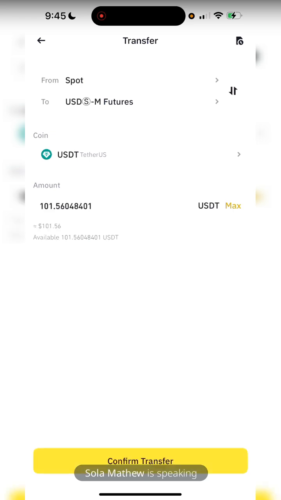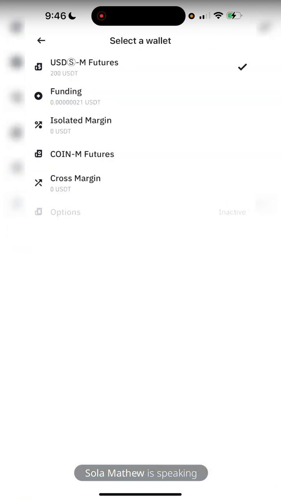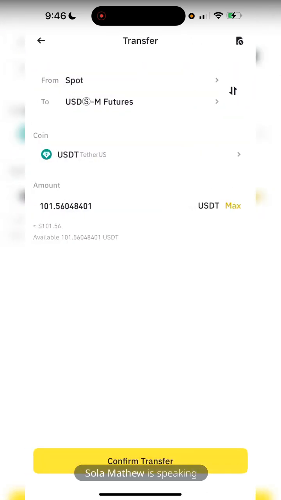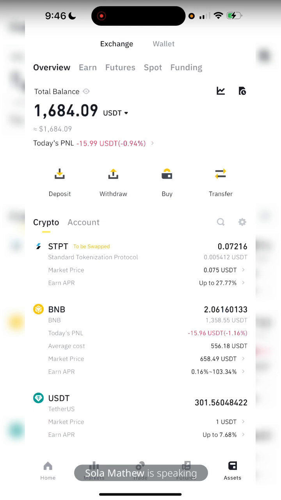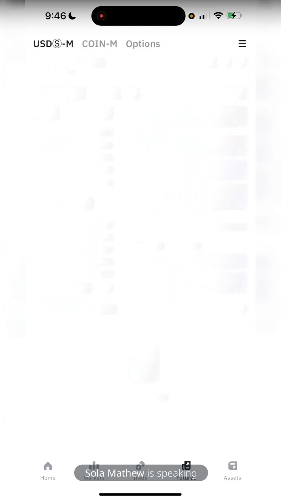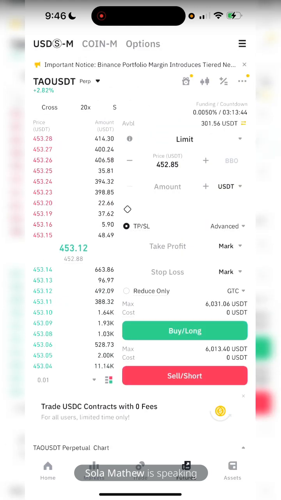I can transfer it to make sure that it's in USDT M futures. There's isolated and all this, but M futures is what you need. So I can come here and transfer it there. It has been transferred. So I can go to futures. This is futures. I can now go to futures and trade.